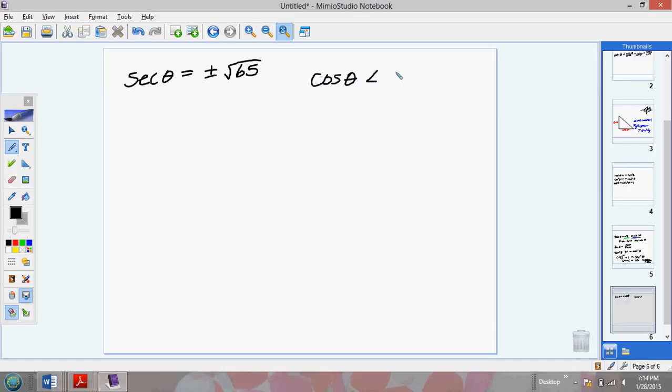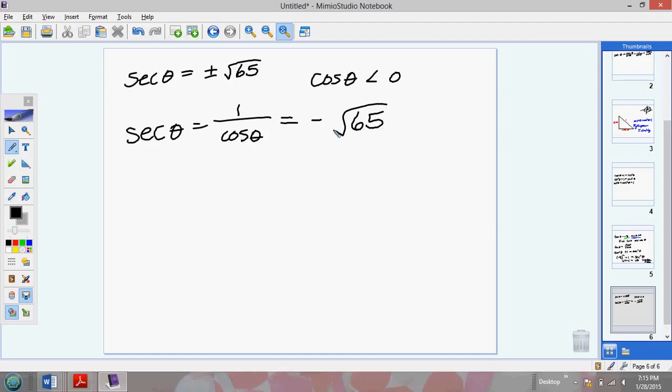If sine of theta is greater than 0 and tangent is negative, then cosine must be negative. Because secant theta is 1 over cosine of theta, it has to be the negative version, so secant must be negative the square root of 65, since cosine must be less than 0.